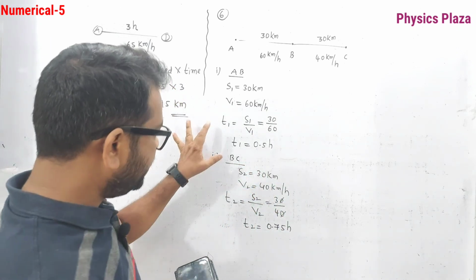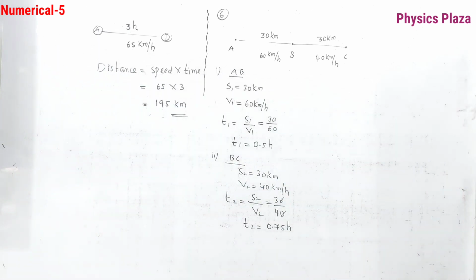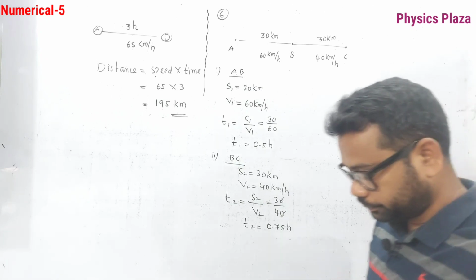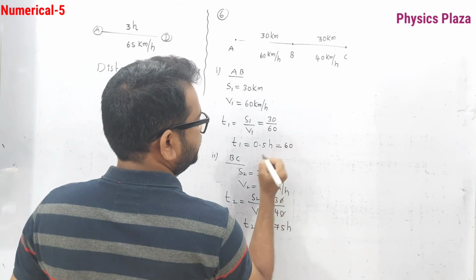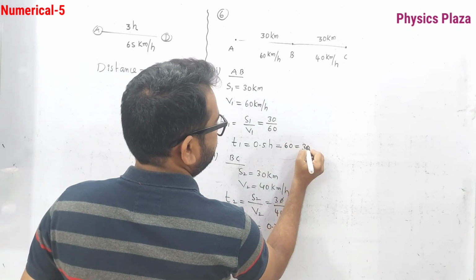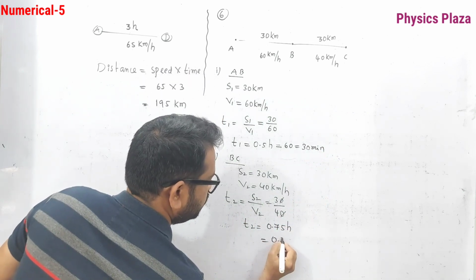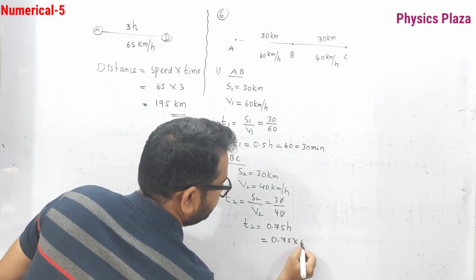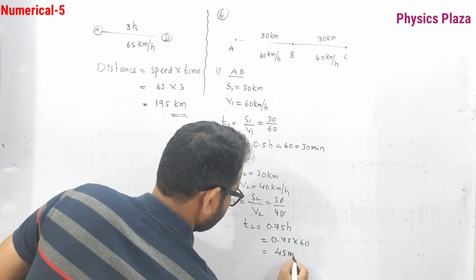Now they are asking total time taken. T1 value we got, T2 value we got. So T1 plus T2 we can substitute. How much will we get? Let us calculate. Let us convert it to minutes, children. 1 hour is equal to 60 minutes. So this will become 30 minutes. Also 0.75 into 60 minutes, so we will get 45 minutes.